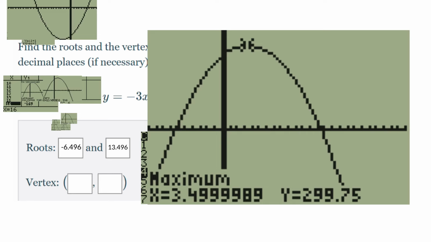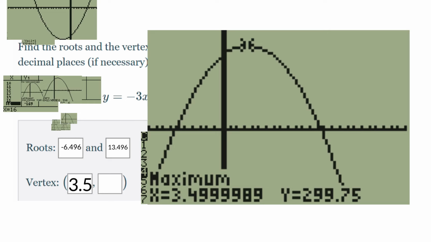What is it? 3.5. Yeah, that is so close to that. And it's not, I won't even say it's a glitch in the app. It's just numbers, whatever the formatting is for this thing, it's just off a little bit.